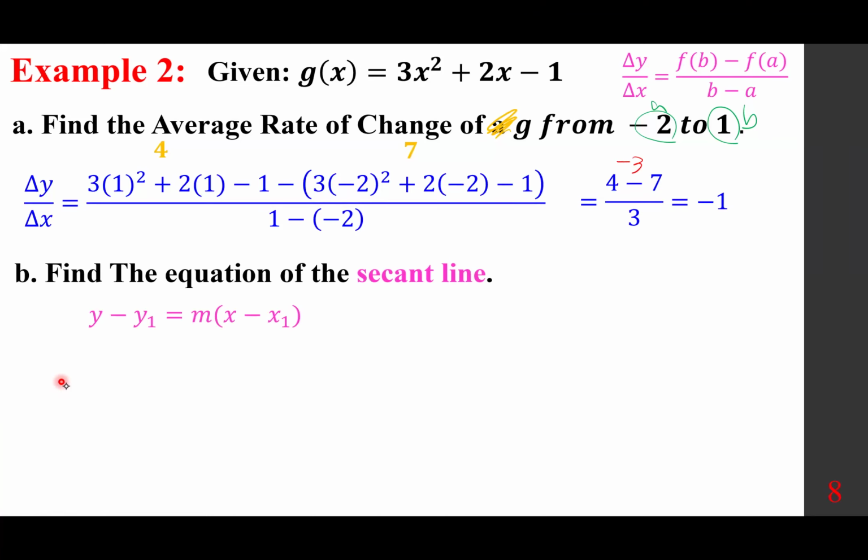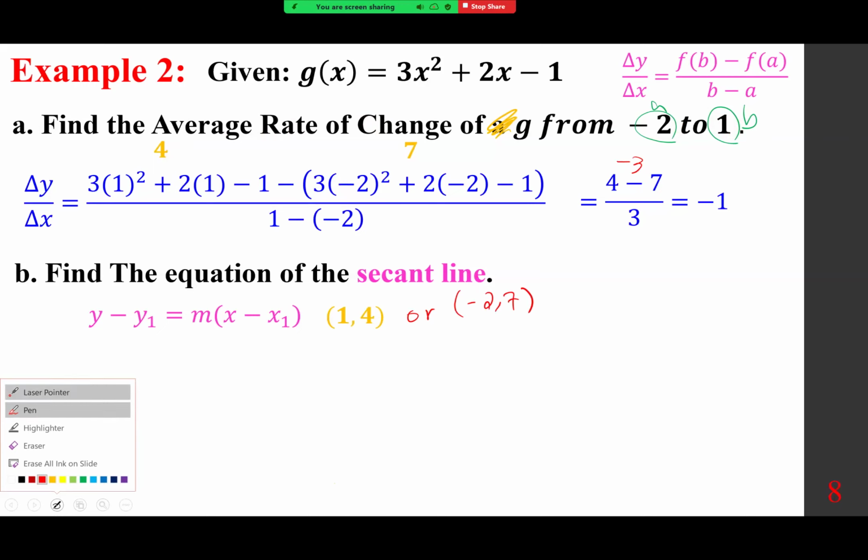You have to get one of those pairs. If you recall, you can use either 1, 4 or -2, 7. Let me make sure everybody understands what's happening.